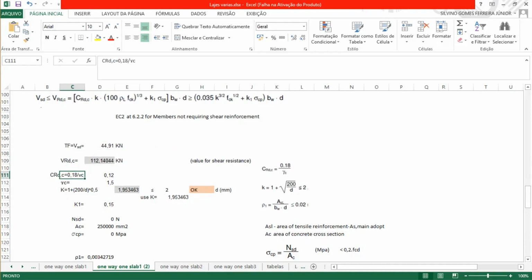The CRd is equal to 0.18 divided by a safety factor of 1.5, which gives us 0.12. The k is calculated with this equation with the effective depth d in millimeters, and it has to be less than or equal to 2, and in this case it is.